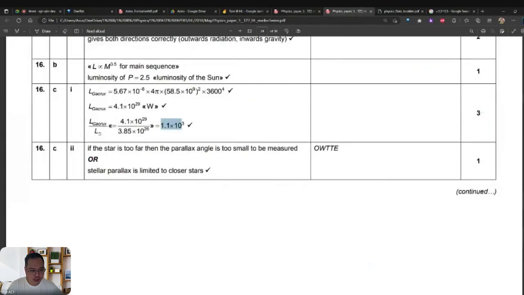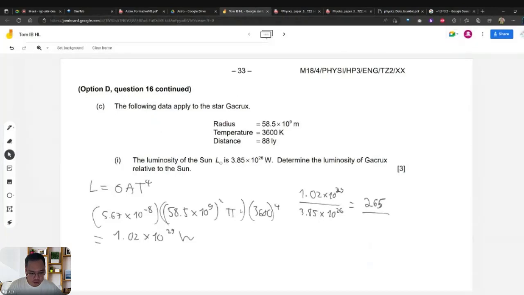The answer is like double that. Let me check if there's something wrong with the calculation. Temperature to the power 4, the radius. 4 pi r squared is the formula for the area of a sphere.